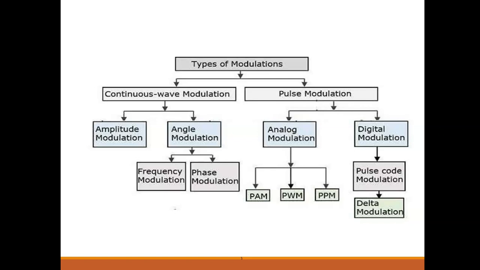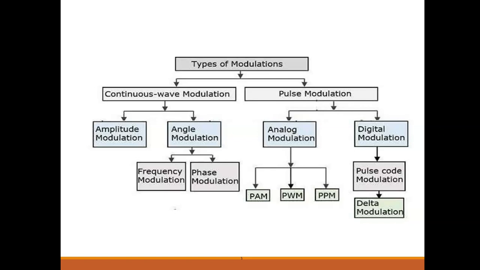In continuous wave modulation, both the carrier signal and the modulating signal are analog in nature. In pulse modulation, our input is an analog signal and the carrier signal is sampling pulses. So there are two types: analog pulse modulation and digital pulse modulation.